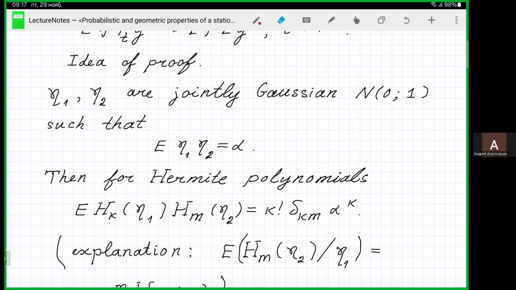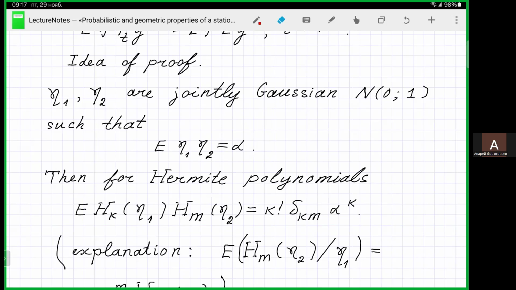So, the idea of the proof is the following. Suppose that we have two jointly Gaussian standard normal variables such that the expectation of the product is equal to alpha. So they are correlated.